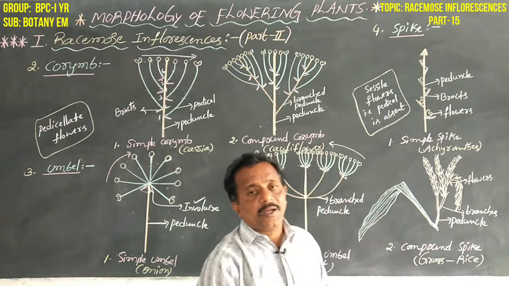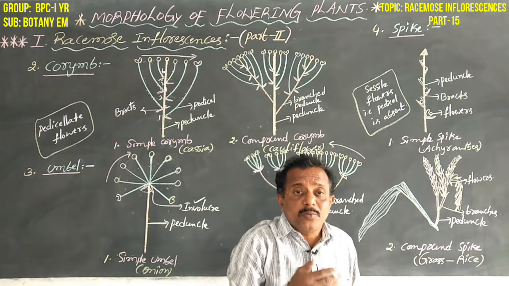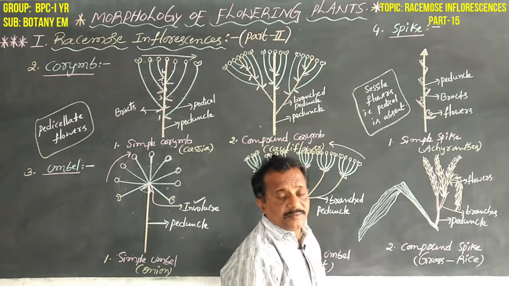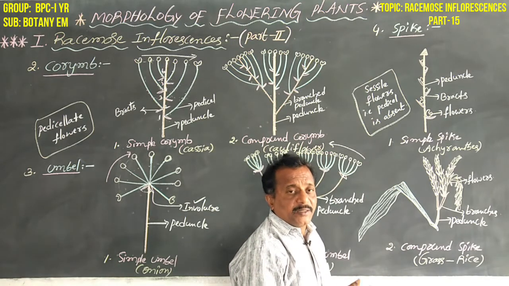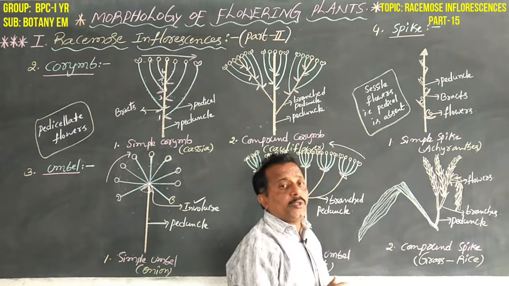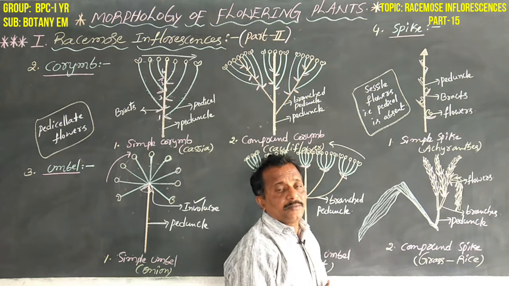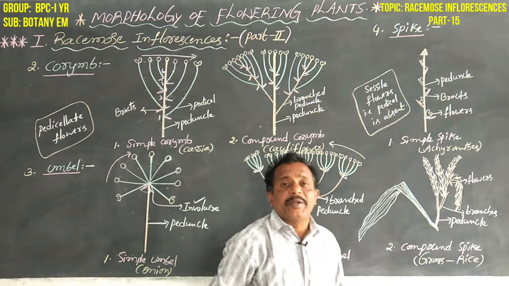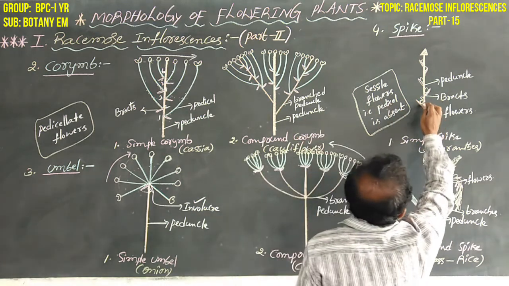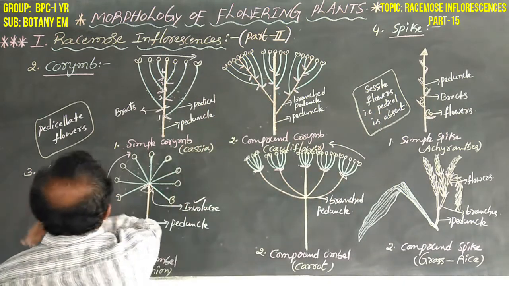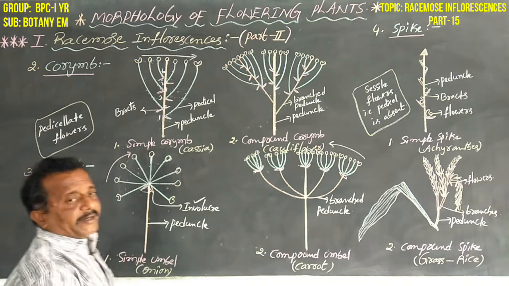Next, the remaining three are racemose inflorescences with sessile flowers. By this means, the flowers are attached directly to the peduncle, and the pedicel is absent.